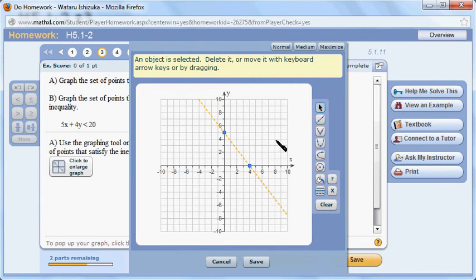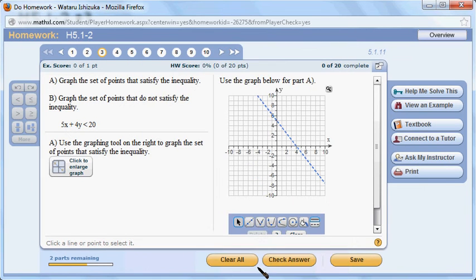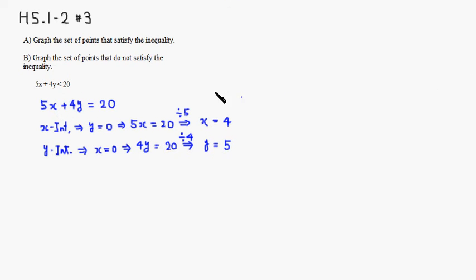Then we need to pick which side to shade, so I'm going to choose the paint tool. We can pick any point that is not on the borderline.